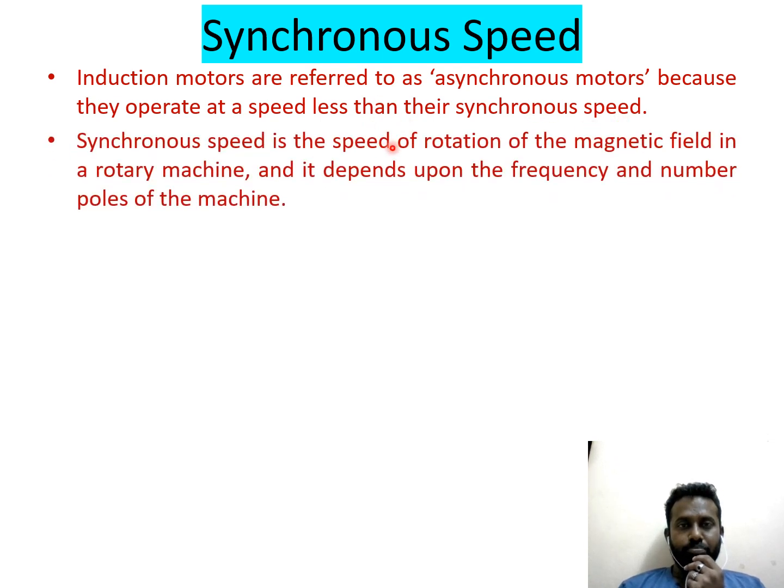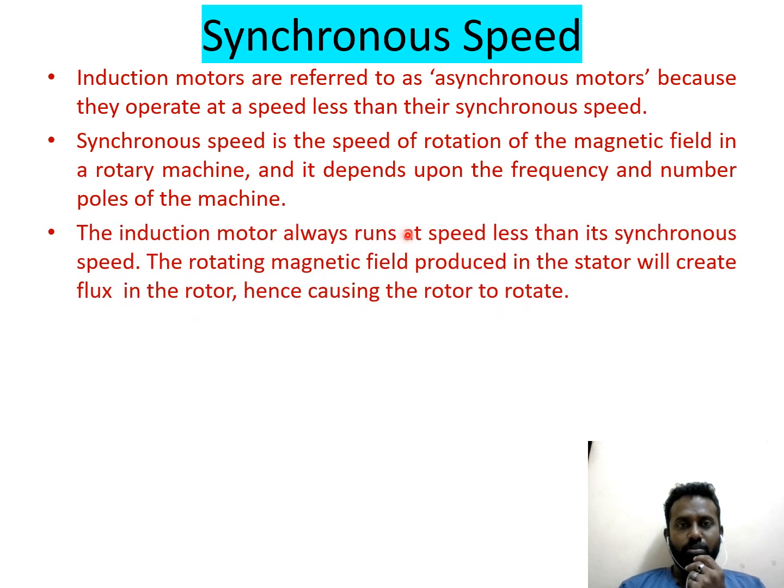Synchronous speed is the speed of rotation of the magnetic field in a rotary machine. It depends on the frequency and the number of poles of the machine. It means synchronous speed is the speed at which the magnetic field rotates.